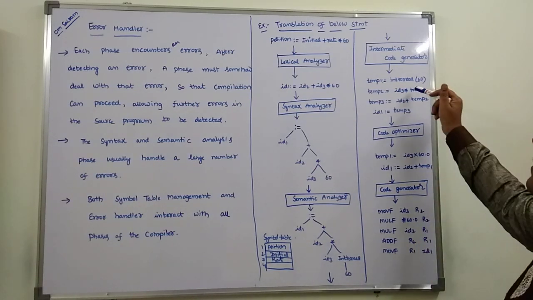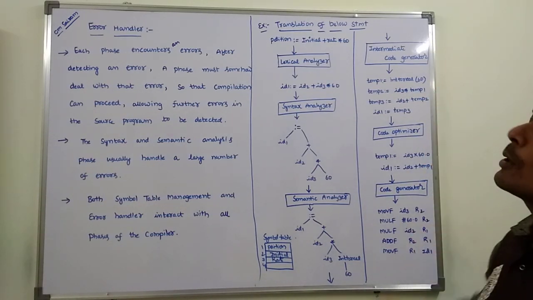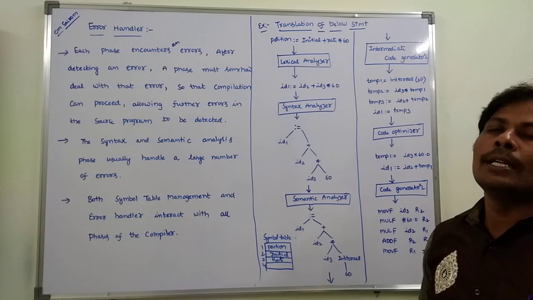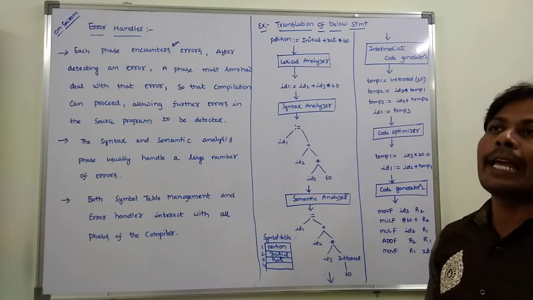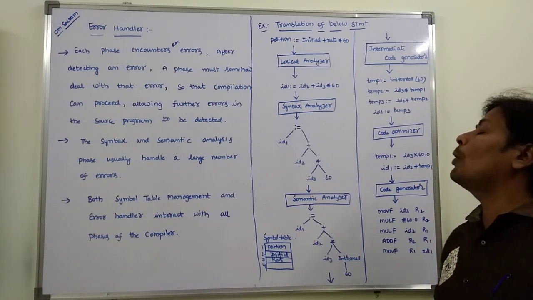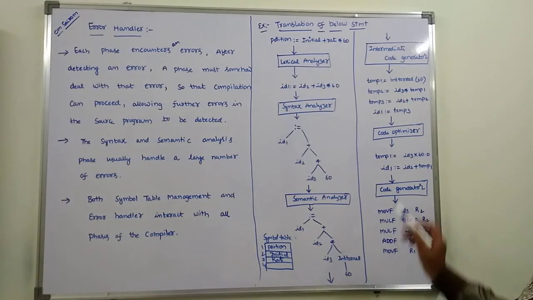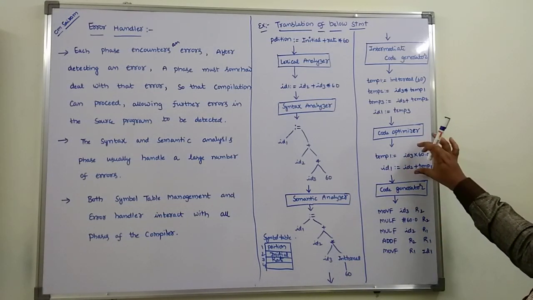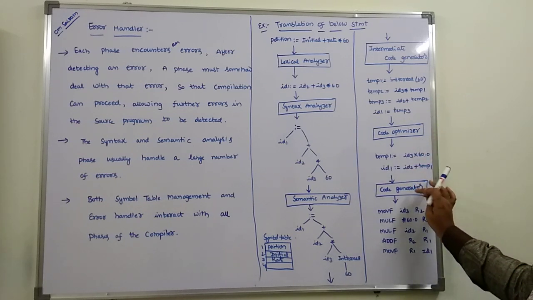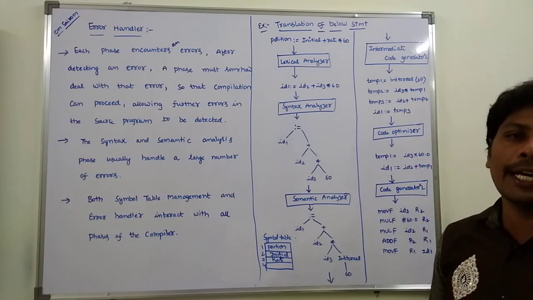Okay. So these statements are given to the code optimizer phase. This phase can optimize the above intermediate code into these two statements. Okay. These two statements can be given as input for the code generator.